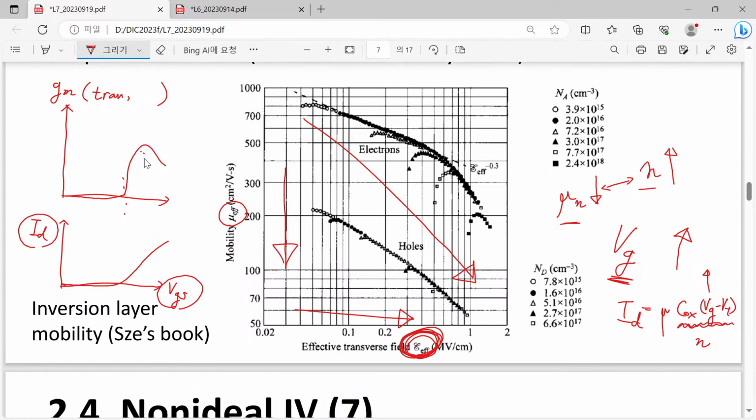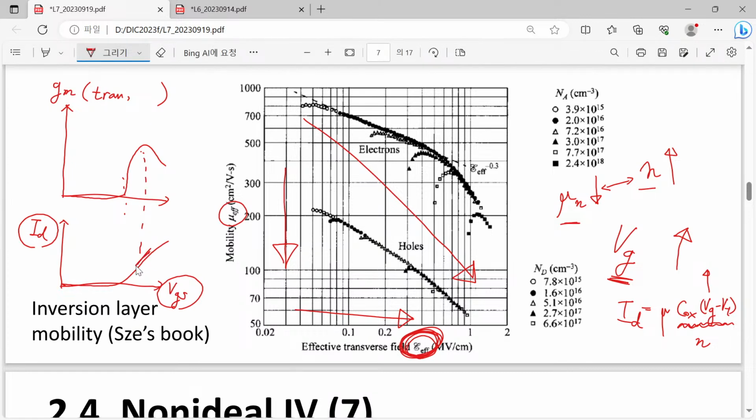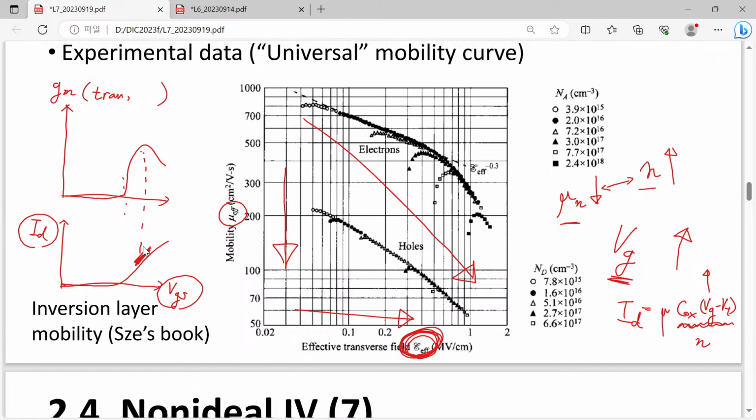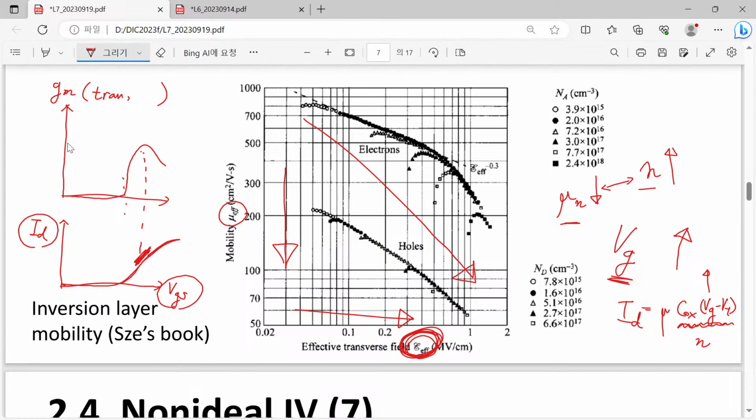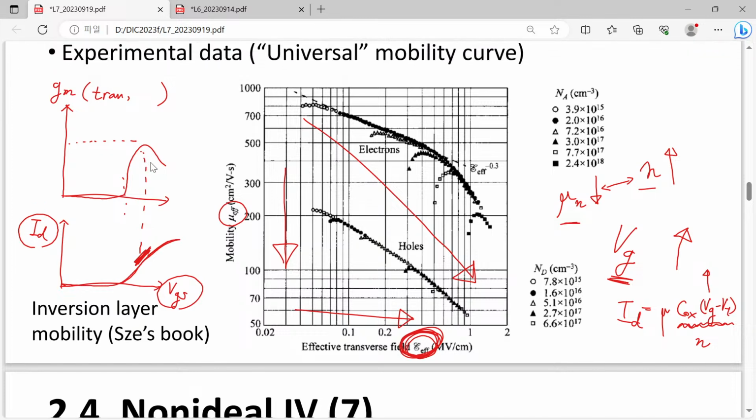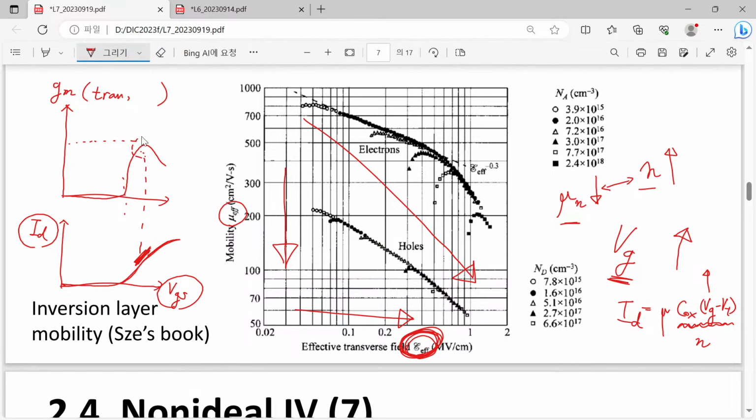Here we have the steepest slope. After that, the slope is degraded and we have this kind of behavior. In analog design this is quite important, because this transconductance is very important to maximize the gain of our amplifier.